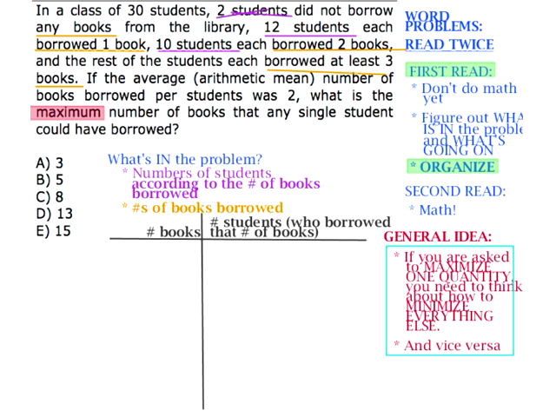We want to give one student as many books as possible, which means that all of the other students have to share lots of books, and we want to minimize everyone's number of books except for one student. All right, that's what we're doing.